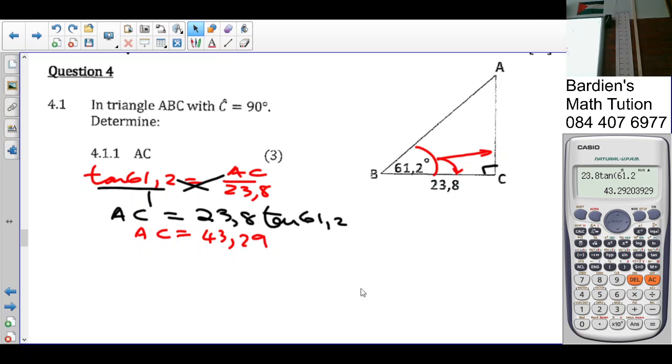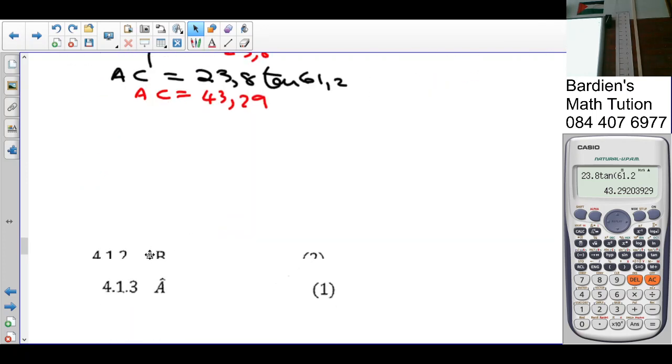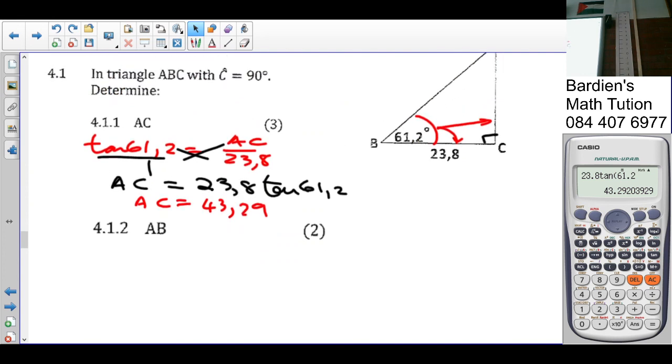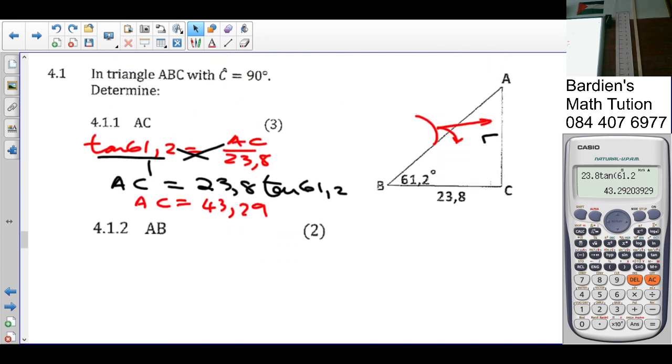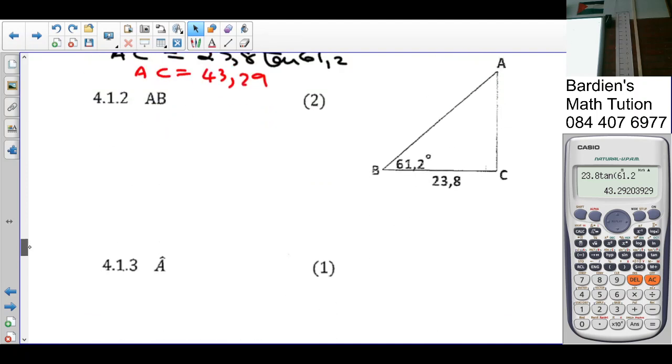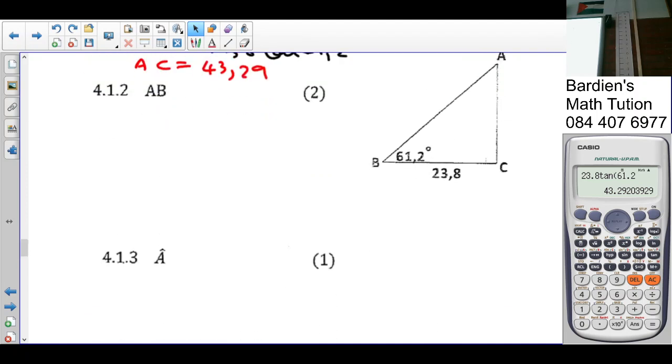Right, let's look at the next one. In question 4.1.2, the question says calculate AB. So we're looking at AB. AC was 43.29.